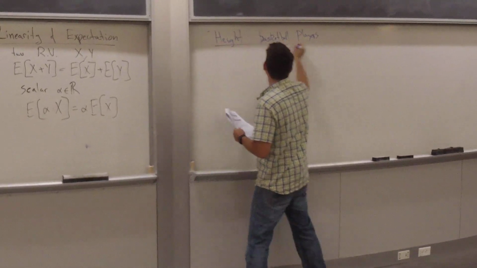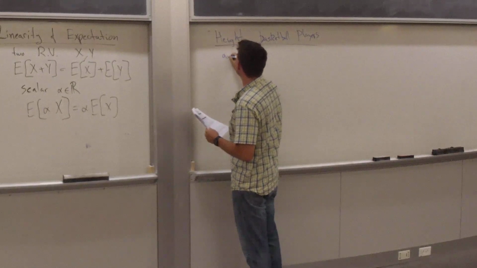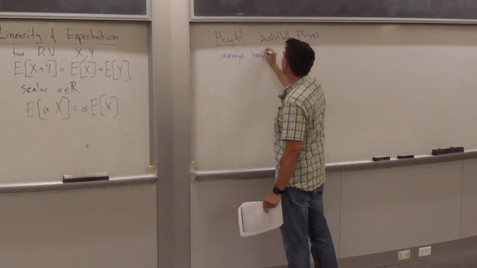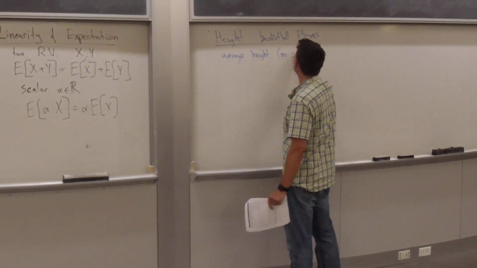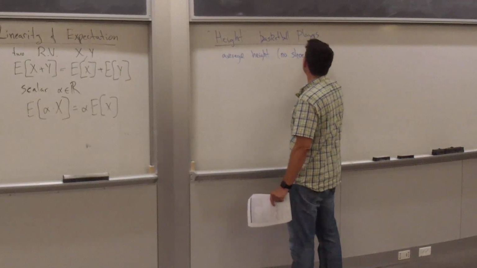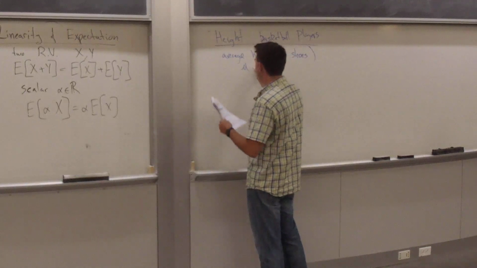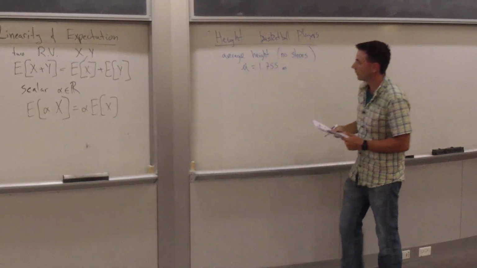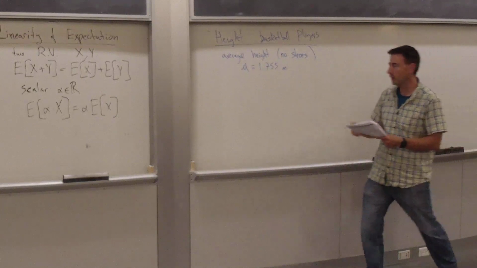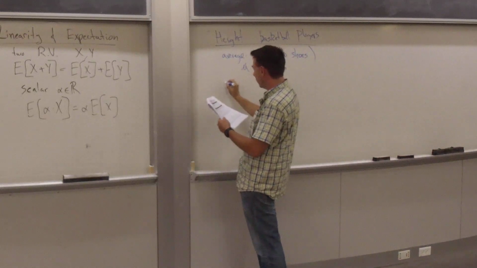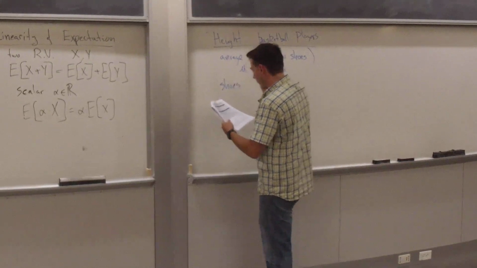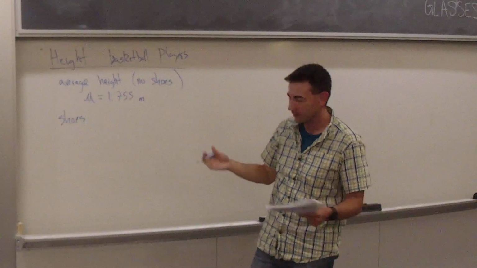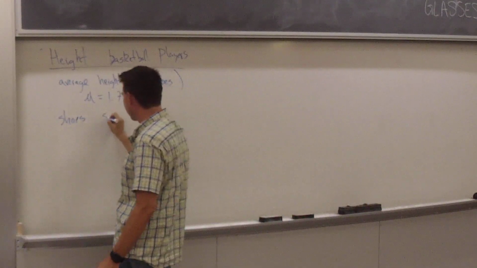So let's say that I know the average height with no shoes is going to be mu, and let's say this is 1.755 meters. Then there are the shoes that they wear. This is based on the shoe companies, who tell us what type of shoes they sell to basketball players.